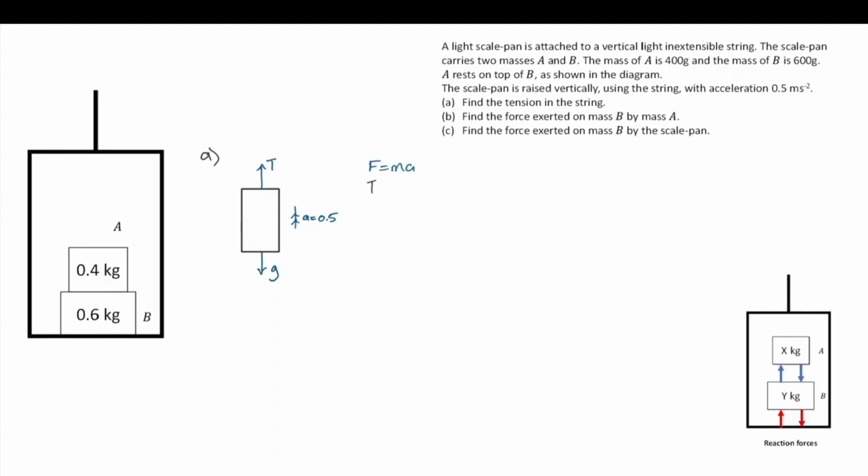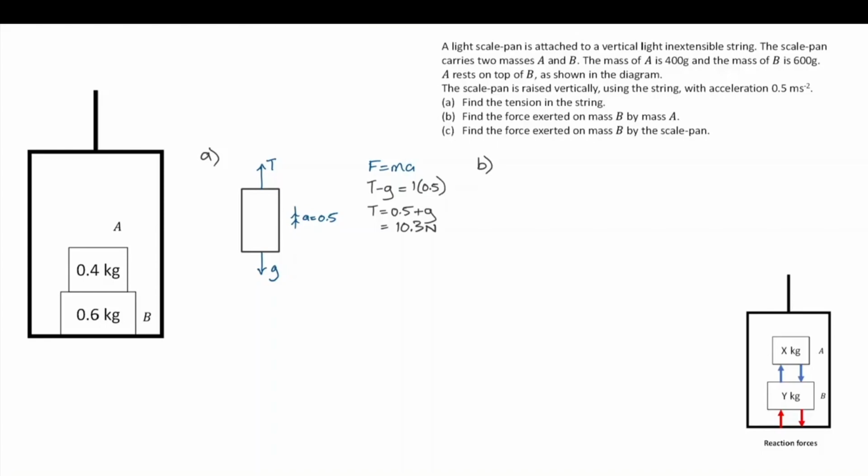The resultant force is T minus G, and that's going to equal the mass of 1 multiplied by the acceleration of 0.5. In our calculator, we get an answer of 10.3. That's 10.3 newtons. Okay, so that's the tension in the string. We used the entire system as our model.